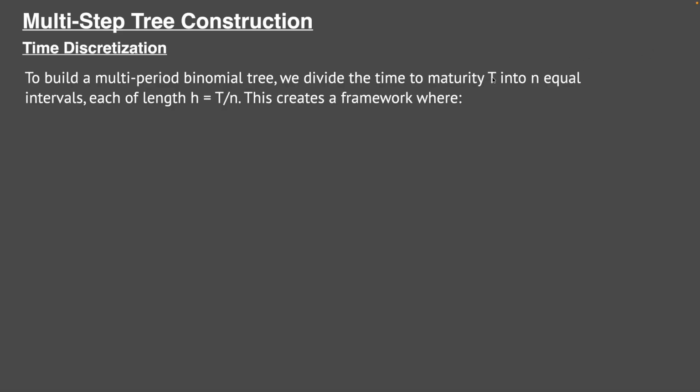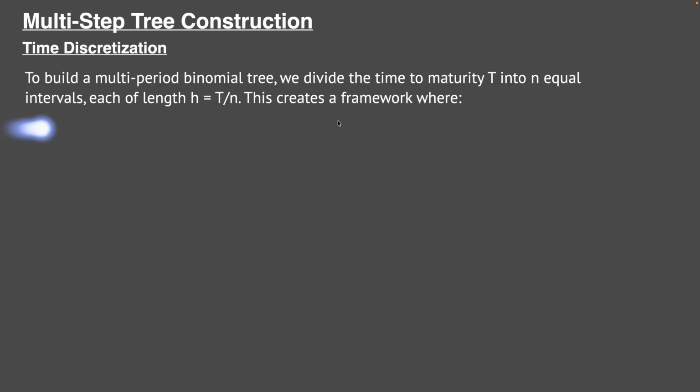If we divide this into n equal parts, each of length h, then h will be equal to the total life of the option divided by n. That is, you are taking small intervals, and each interval length will be equal to capital T divided by small n.